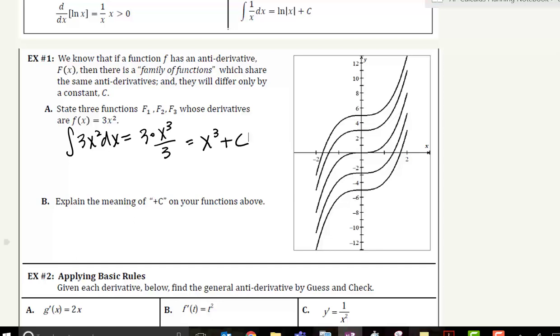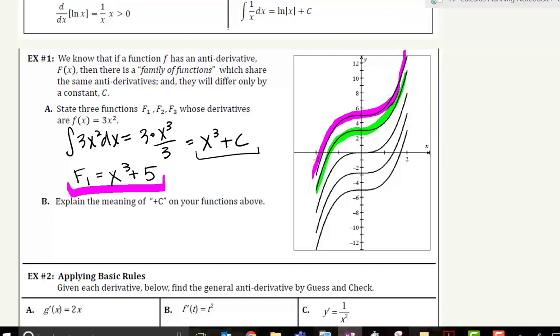The reason this plus c is important is because any single one of these, so let's say that f1 is x cubed plus 5. Let's say that this guy is x cubed plus 3. Let's say that this guy is just plain x cubed.